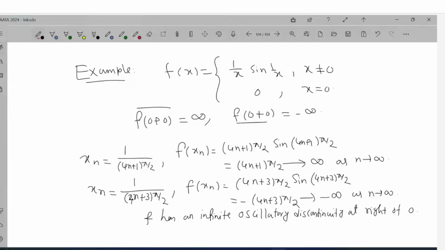Because they are unequal. If both of them were infinity, then it's fine. But they are unequal. Similarly, if you calculate the left hand limit at the point 0, you get the same thing, and you are also going to have infinite oscillatory discontinuity.